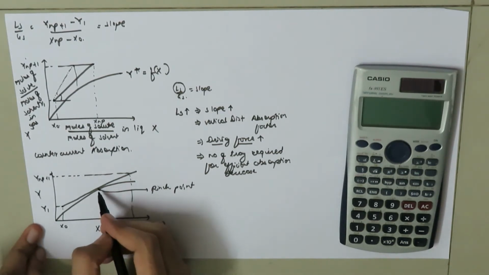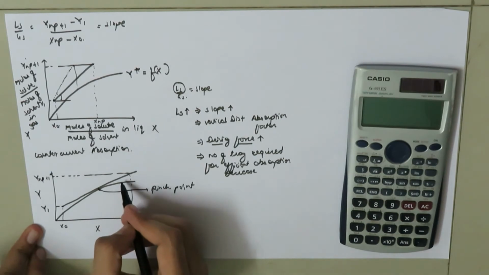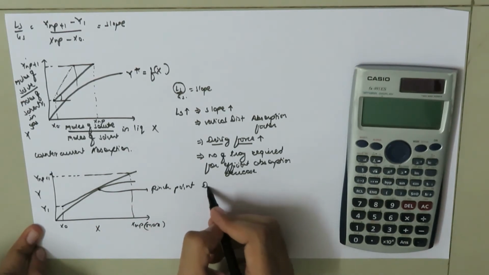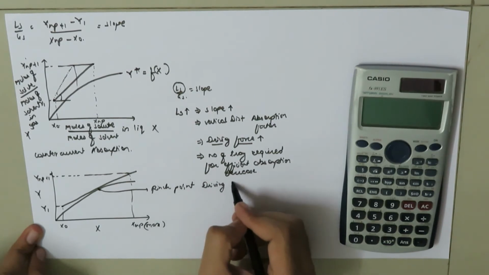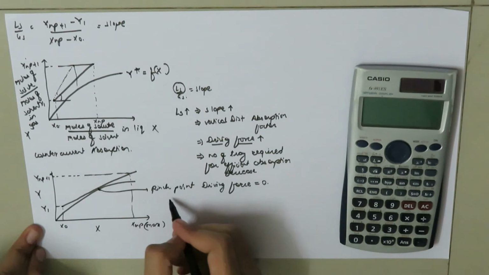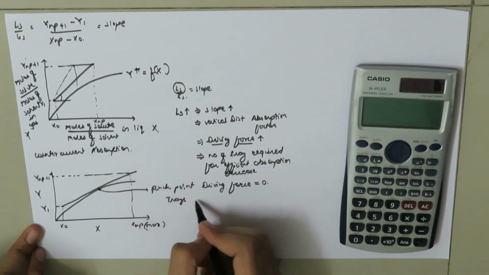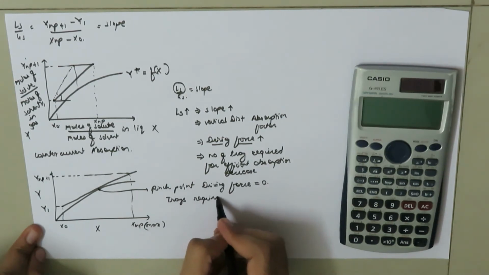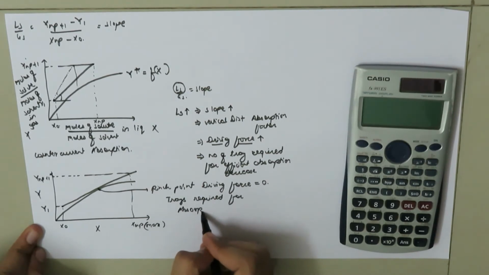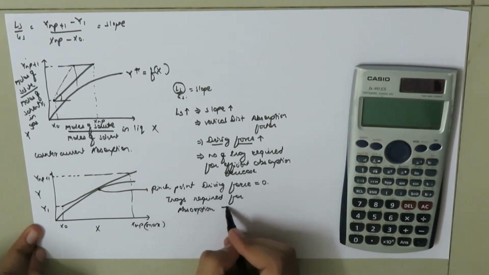At this pinch point the vertical distance between the operating line and equilibrium line is 0, so the driving force is also equal to 0, and the trays required for absorption tend towards infinity.